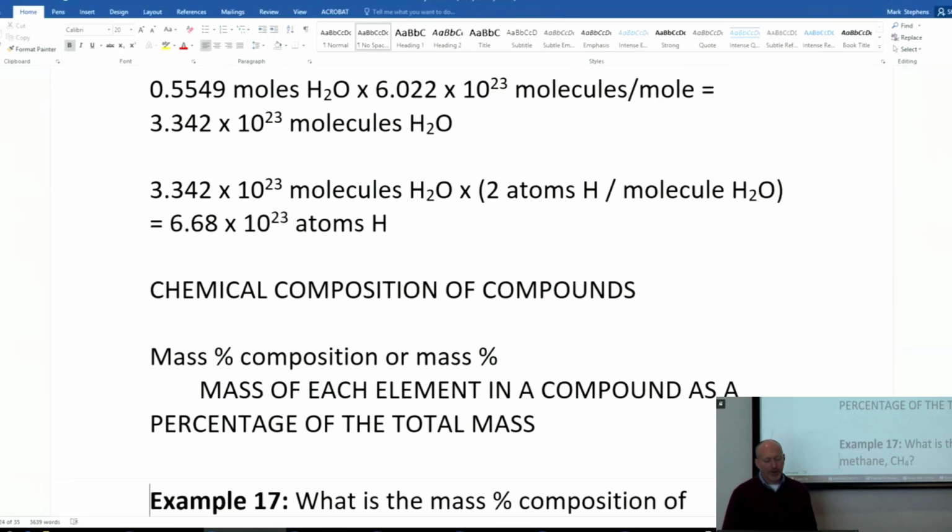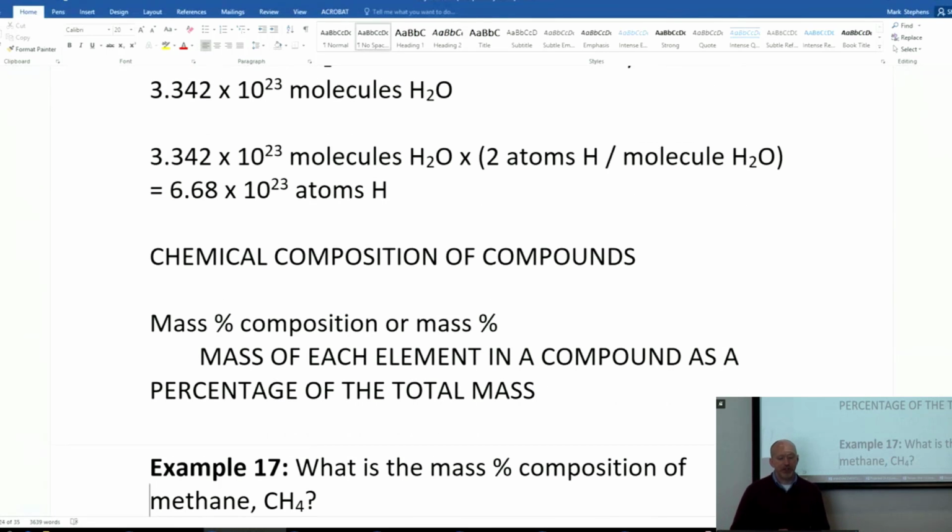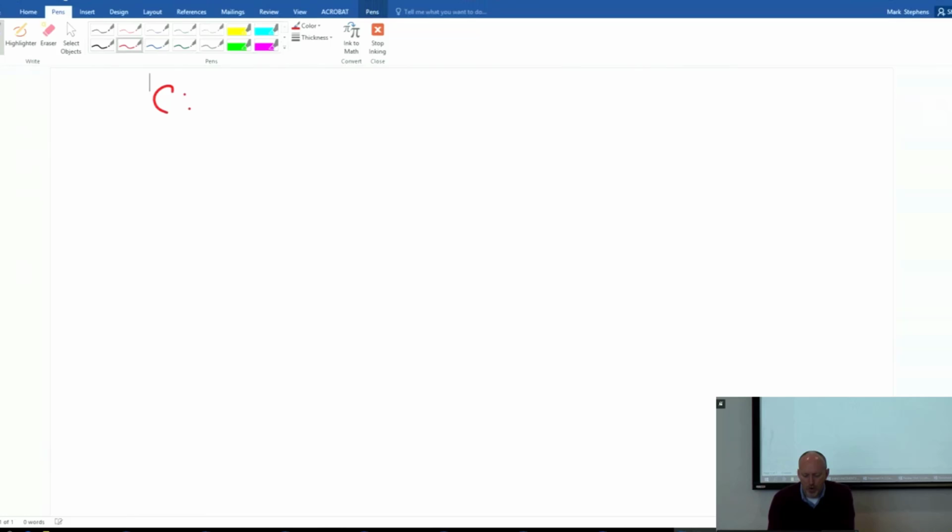All right, so let's figure out what the mass percent composition of methane would be. Methane is CH4. And the key to mass composition for a formula is the formula weight. I want to know the carbon component and the hydrogen component, so I need a formula weight composition. So I've got 1 carbon and 4 hydrogens. Go to the periodic table.